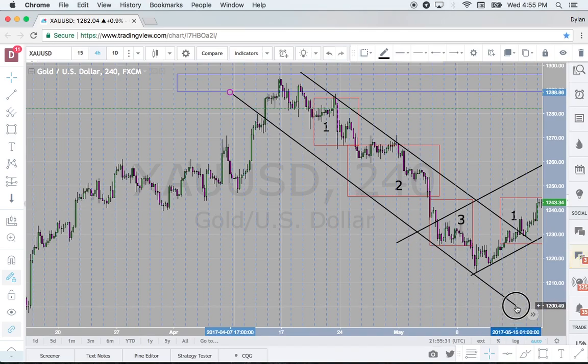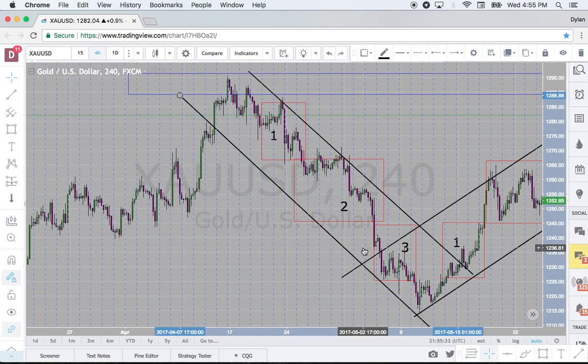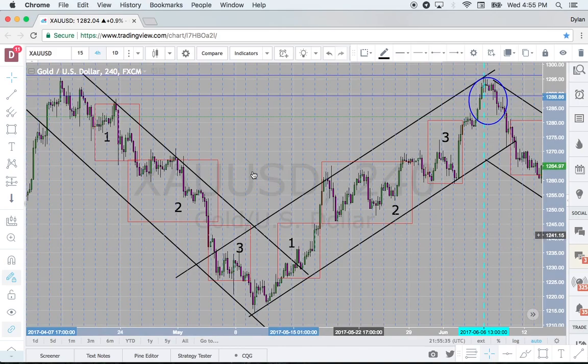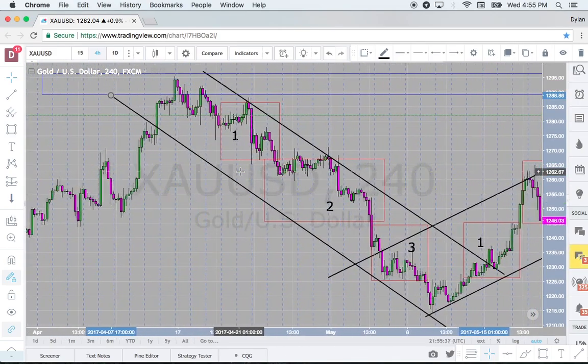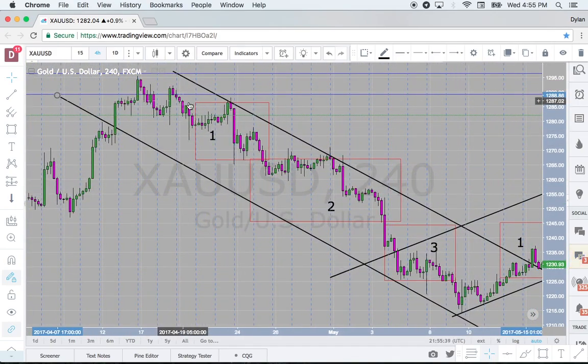Now, thinking on that level, if we are trading this downtrend, when will we know when the trend is going to reverse?